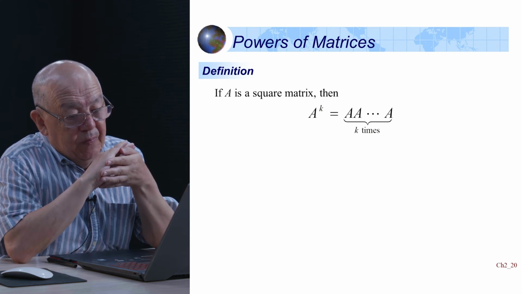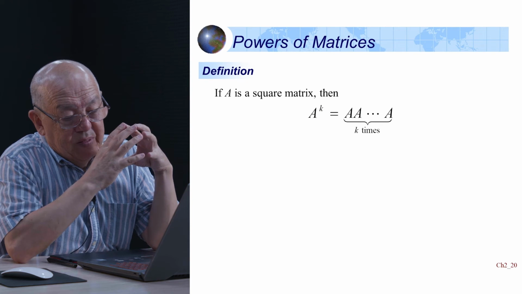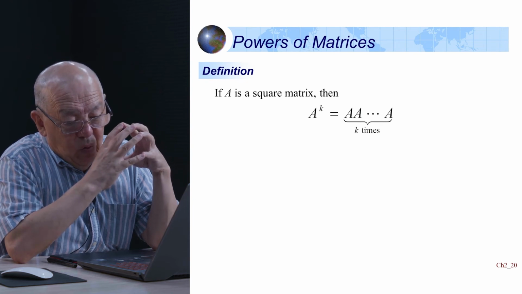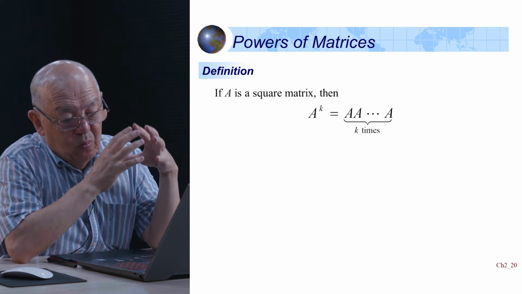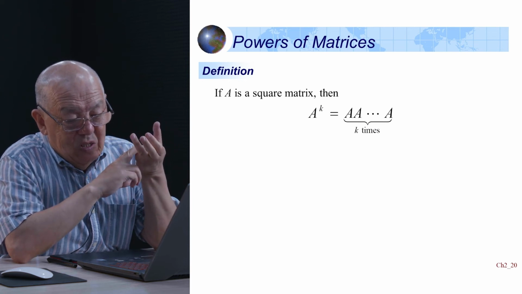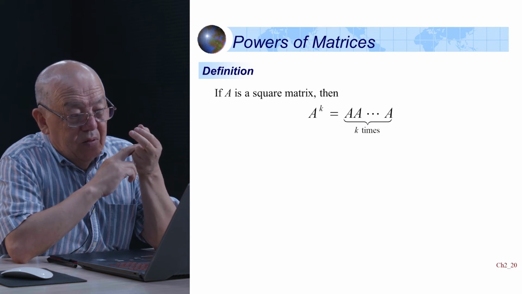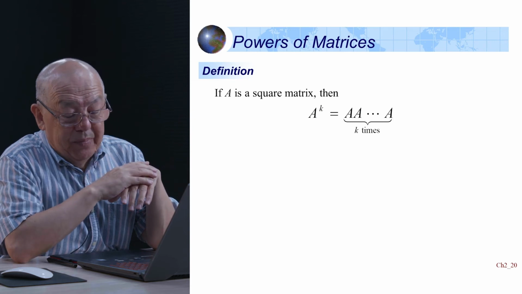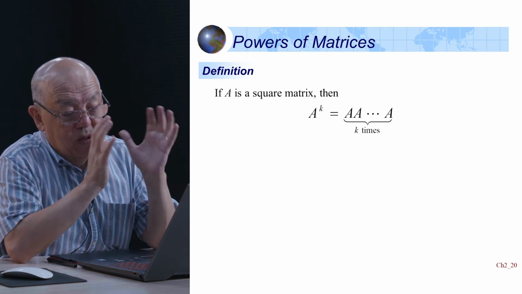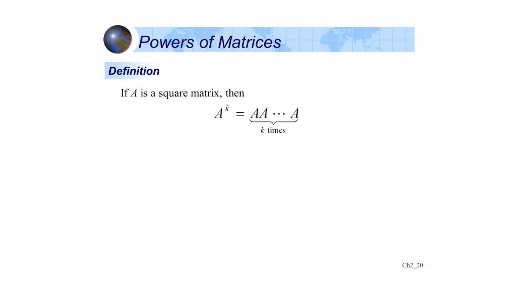So square matrices of fixed size form a structure where we have two completely defined operations, addition and multiplication. If you multiply a square matrix by any scalar, you get again a square matrix of the same size. It is closed under multiplication by scalar.